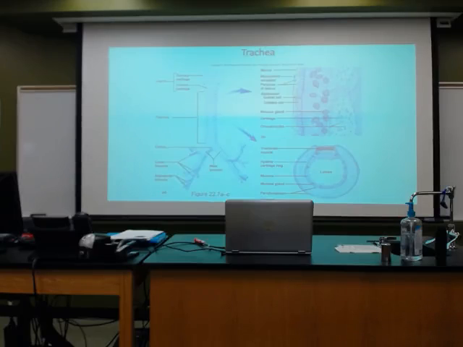Think of 17 generations. It's either 7 or 17. Don't quote me on that. I have to look it up. Okay? Branching that occurs to get to 1 sac that has its connection to the capillaries.